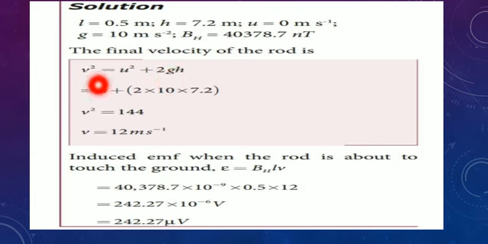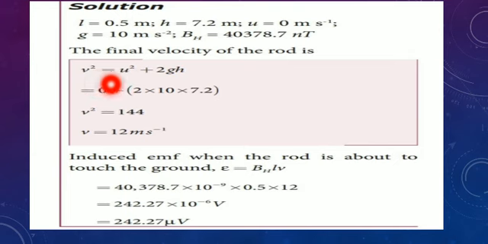From that, v square is equal to u square plus 2as. Please remember the equations of motion, there are three equations. Here v square is equal to u square plus 2as. Instead of a, the acceleration, here it is acceleration due to gravity, that's why g. Instead of s, the displacement, here the displacement is h.